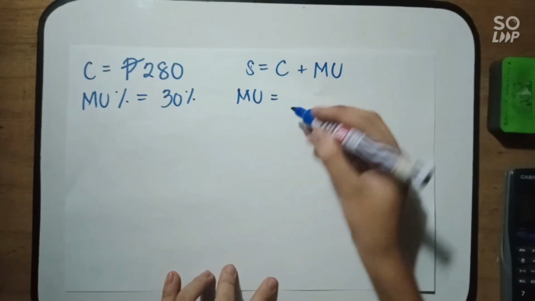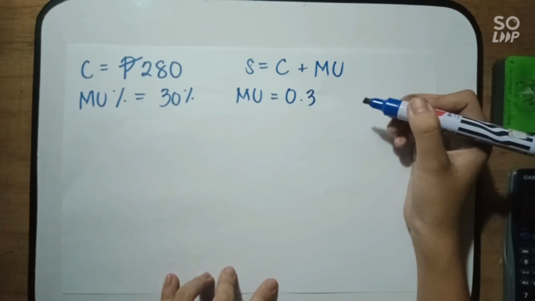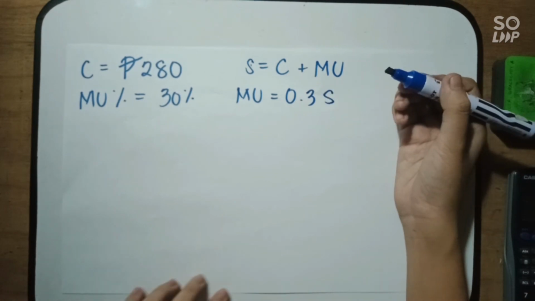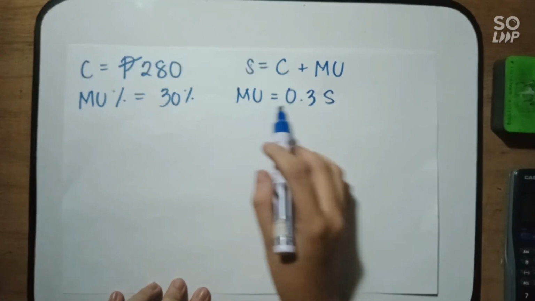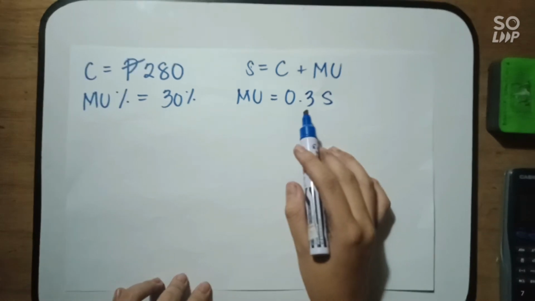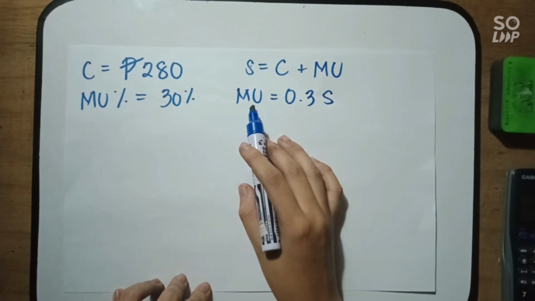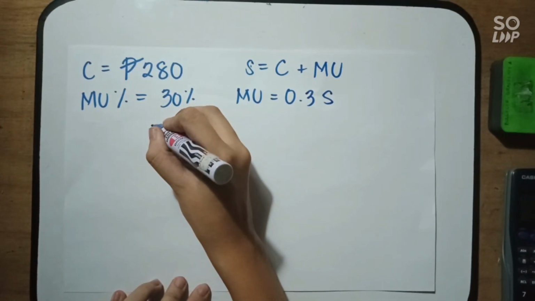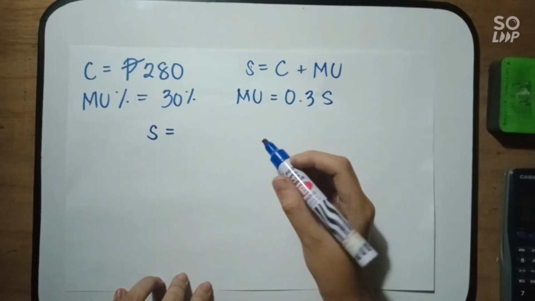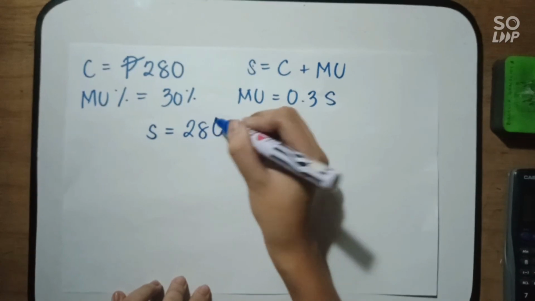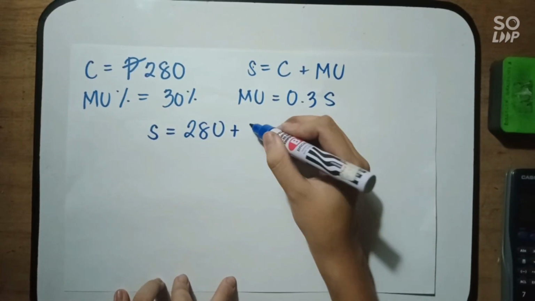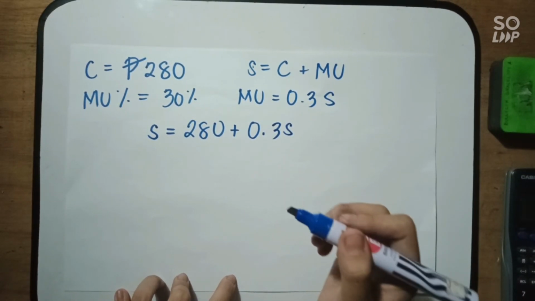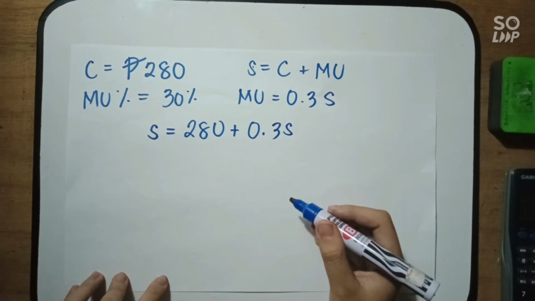Convert it into decimal, it will become 0.3 times the selling price, which can be represented as S. Now that we have the value for the markup, we can solve for the selling price. The selling price is equal to the cost of the product, 280, plus markup, which is 0.3S.